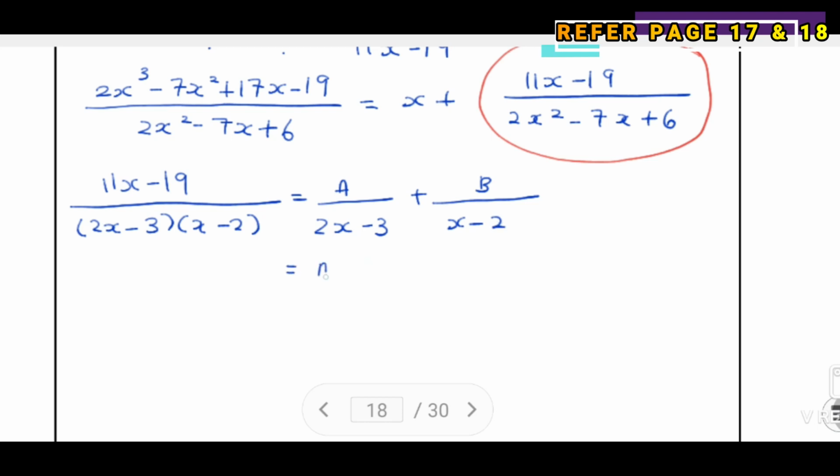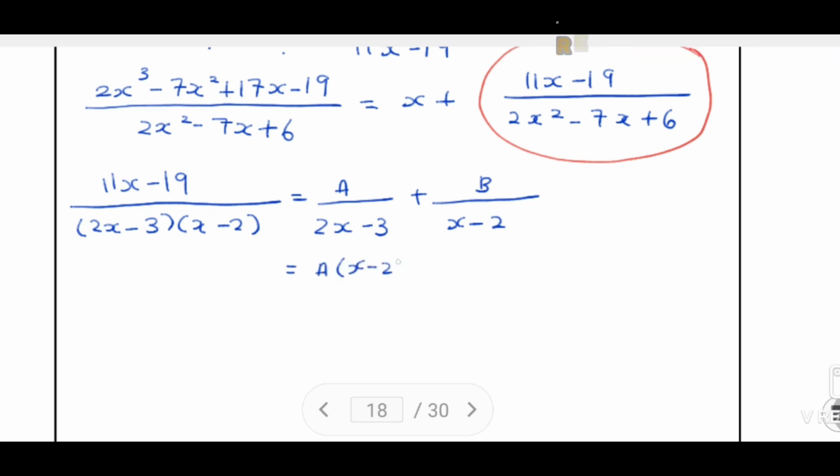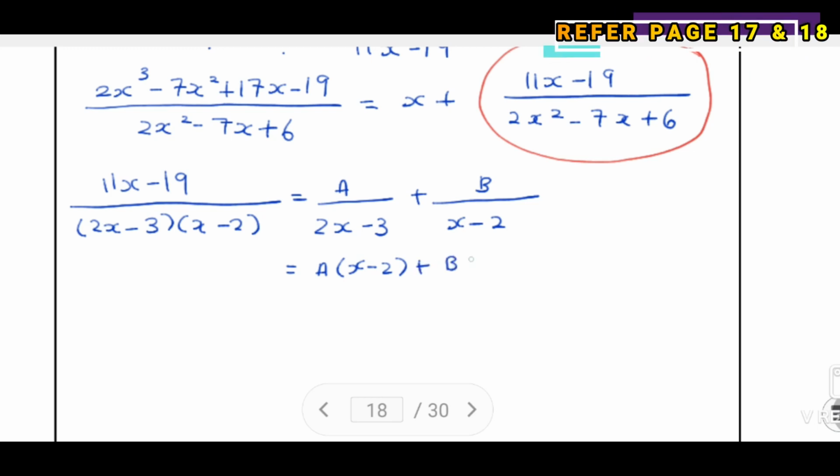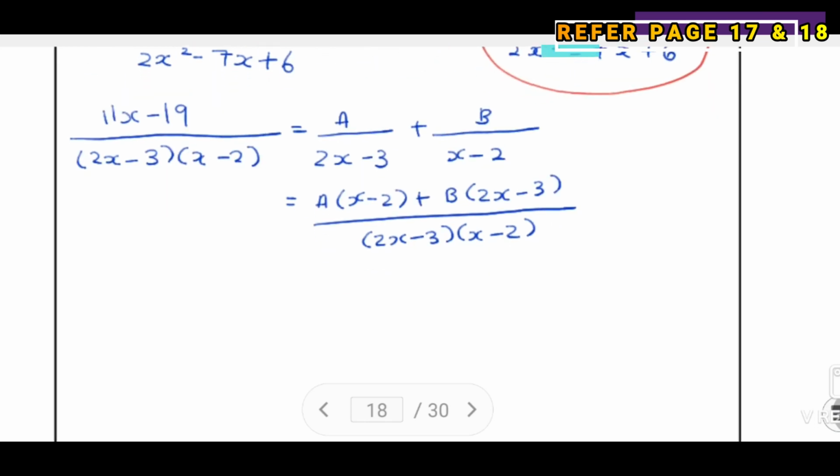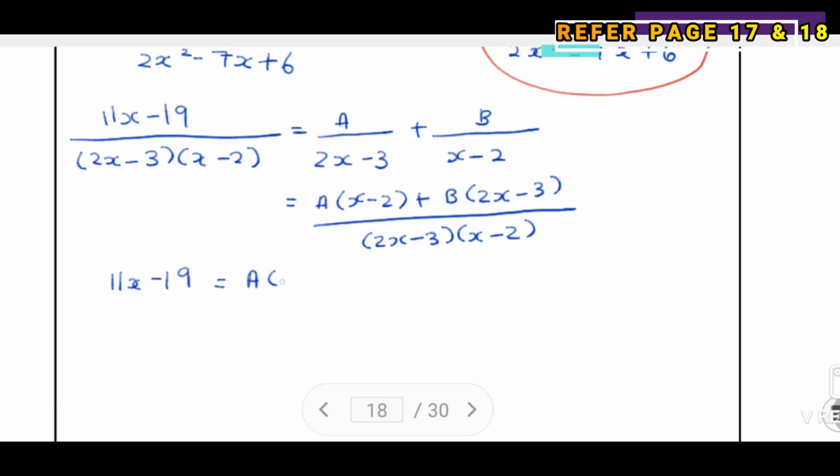Equalize the denominator. We're going to have A times x minus 2 plus B times 2x minus 3 over 2x minus 3 and x minus 2. By just considering the numerator, we have 11x minus 19 equals A times x minus 2 plus B times 2x minus 3.